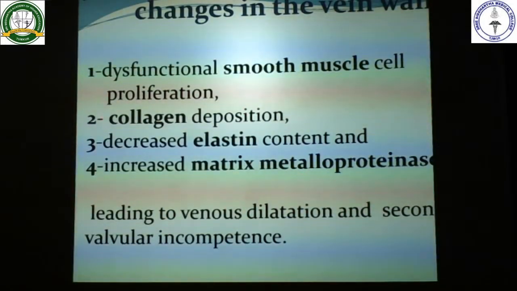These four changes you can see in the primary varicose vein wall. These factors lead to venous dilatation because of weakening of the venous wall, which can again cause secondary valvular incompetence.